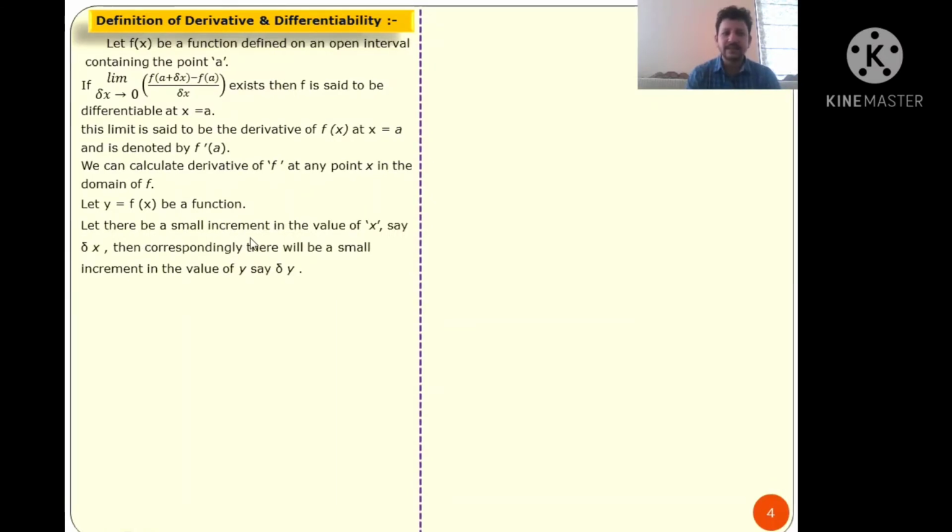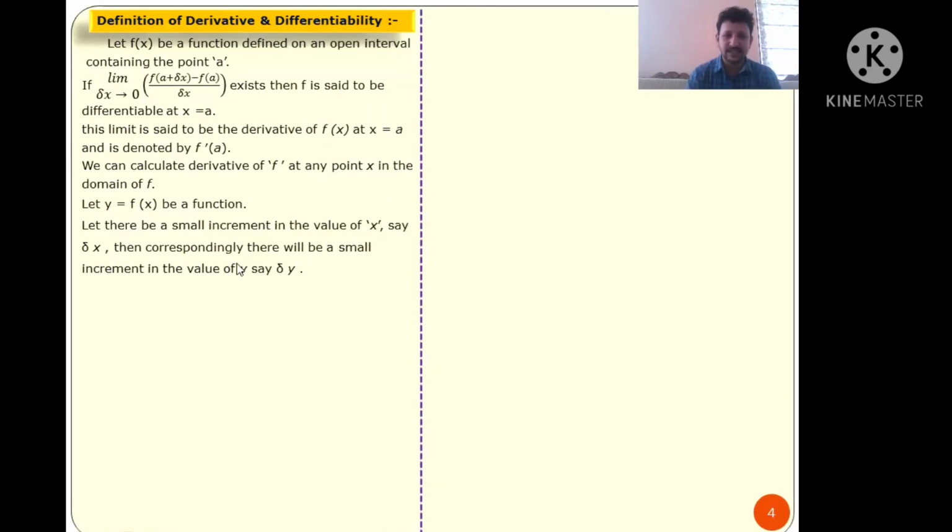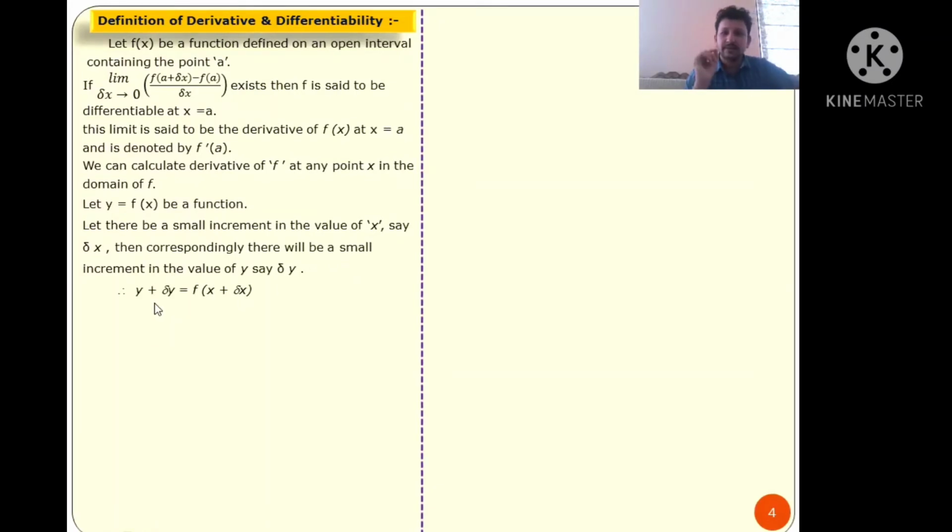Let y equal to f(x) be a given function. Let there be a small increment in the value of the variable x. The increment in the variable x is expressed as delta x. Correspondingly, there will be a small increment in the value of y, taken as delta y. So y plus delta y is equal to f of (x plus delta x).